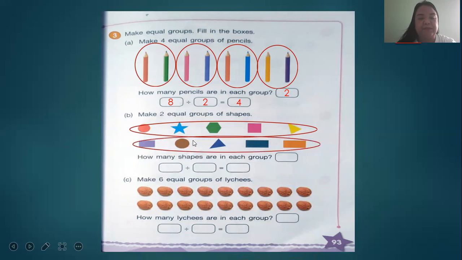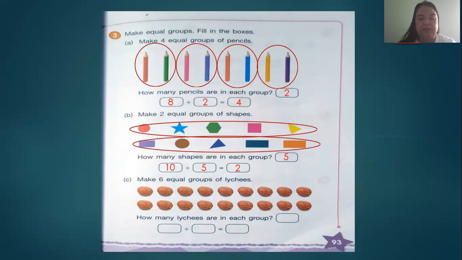Second group is this. 1, 2, 3, 4, 5. So how many shapes are in each group? Very good, 5. How many shapes again? Right, 10. Now write the division sentence. 10 divided by 5 is equal to how many groups? Very good, 2 groups.